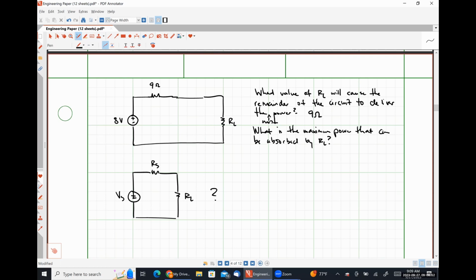What will the maximum power be? So it'll be 1/4 times 8 volts squared over 9 ohms, which is 64 over 36 watts. So let's see, that's divisible by 4, so that's 16 over 9. If my mental math is correct.